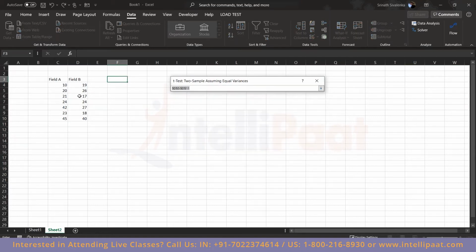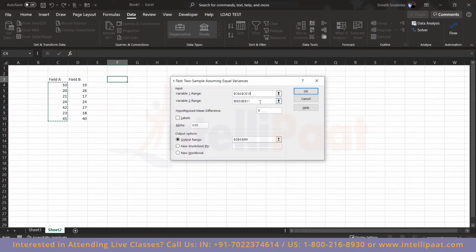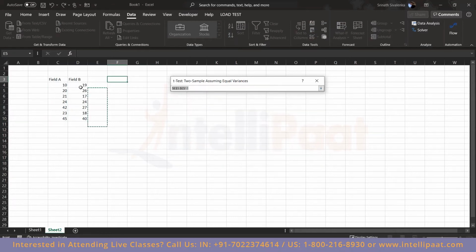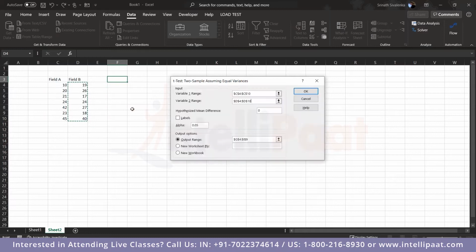So let's quickly select. This is my data set as variable 1, and I'm selecting my variable 2 here. Then the hypothesized mean difference: I'm saying that the difference in the mean is 0, which is basically saying that the means are the same.